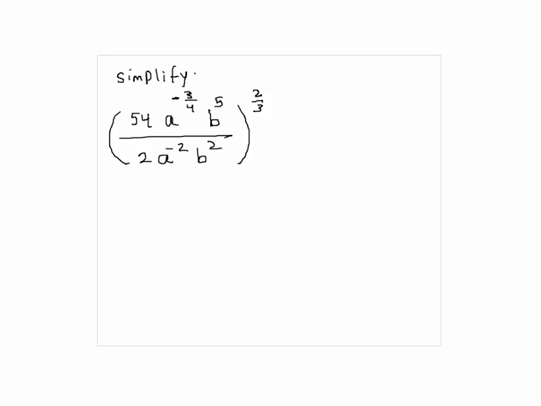Those of you with the microphone, you can just go there and click on it and respond. Okay, a few of you say to reduce 54 and 2. They're reducible, yeah. So let's do that. This becomes 1. So it becomes 27.